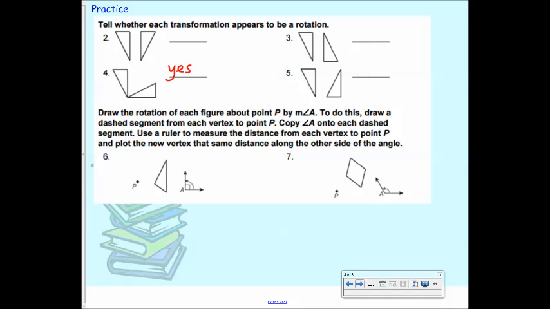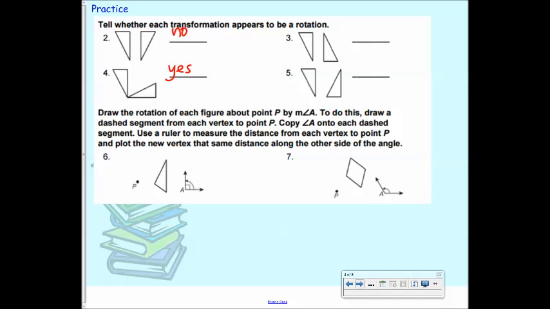Okay, what about 2? Why is 2 a reflection? How do you know that's not a rotation? Because you can't turn it in any way so that it ends up with the point down again until you get it all the way turned back to where it started. So this appears, Rosie, to be more of a reflection. Good. All right, what about 3?